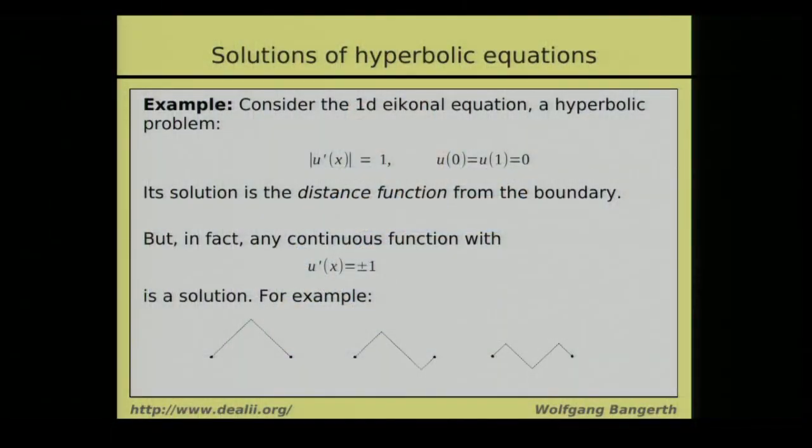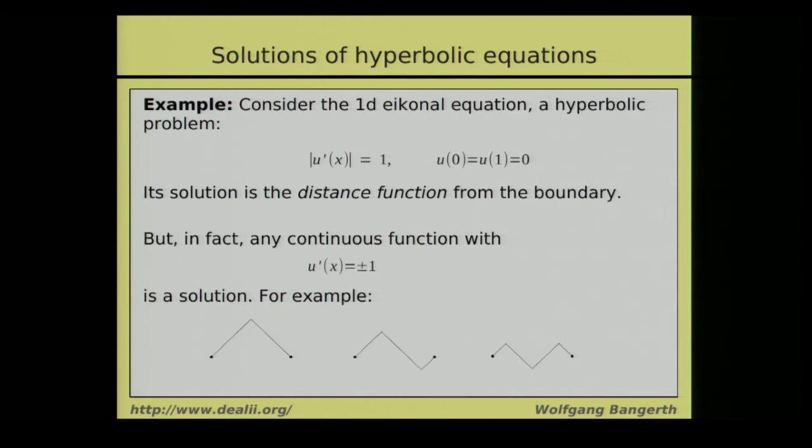It satisfies the equality absolute value of u prime equals 1 almost everywhere. And so if you multiply it with a test function that is smooth enough, let's say continuous, then the equality is satisfied. Okay? So I've shown you one solution here, but now let me show you other solutions as well. Here's another solution that has slope equal to plus or minus 1 everywhere.